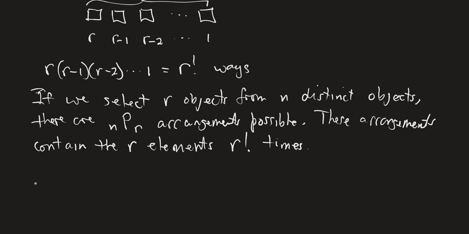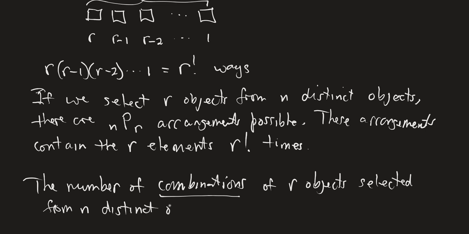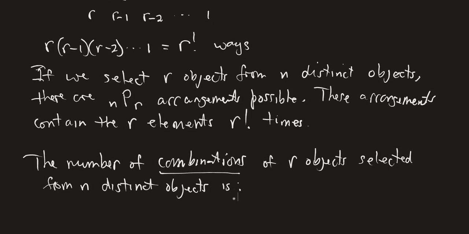Our theorem, and I won't write it formally, says the number of combinations of R objects selected, not arranged now, just selected, again from n distinct objects, where order doesn't matter, is, now let me introduce the notation.